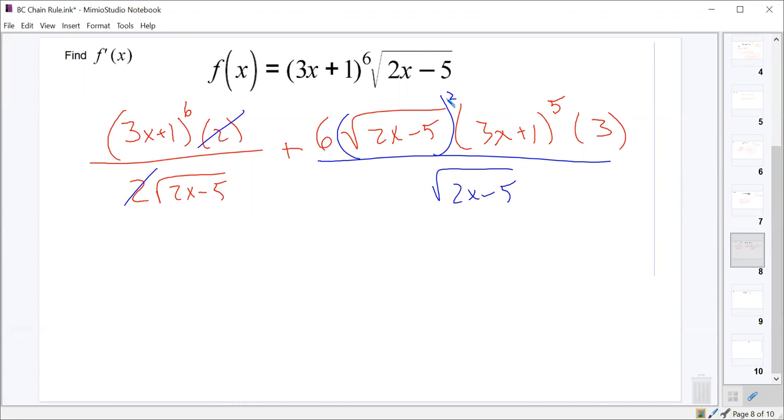which means this part's just getting squared and becoming a 2x minus 5. And so now, what do they have in common besides the same denominator? They have a 3x plus 1 to the 5th power in common, don't they?